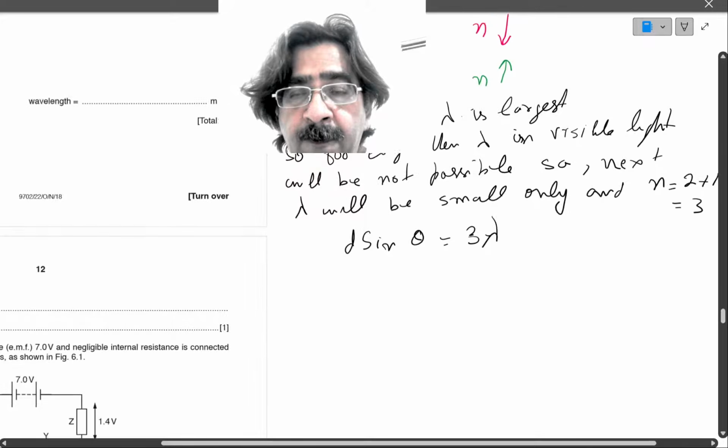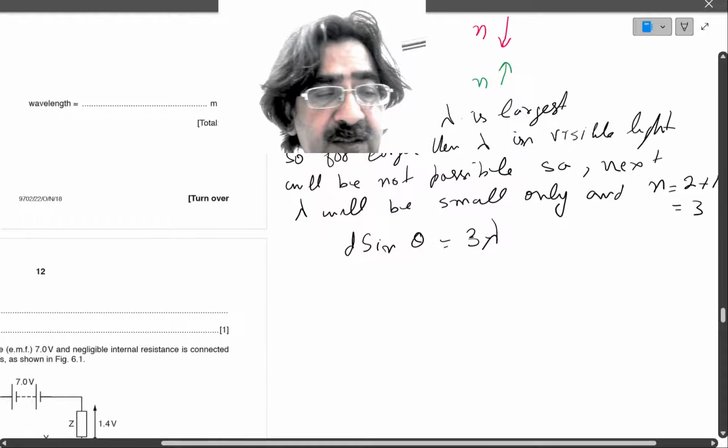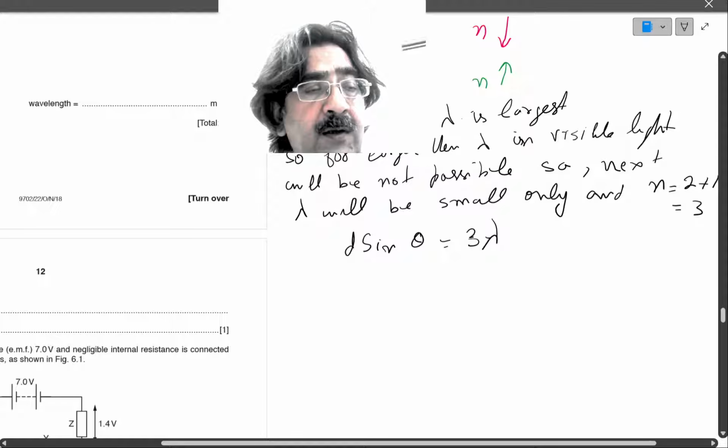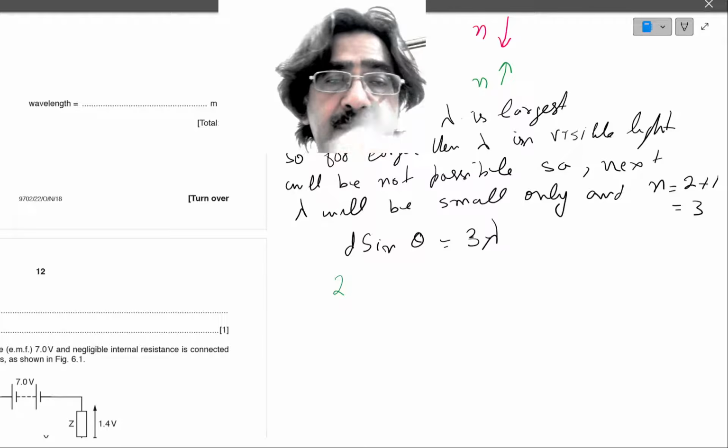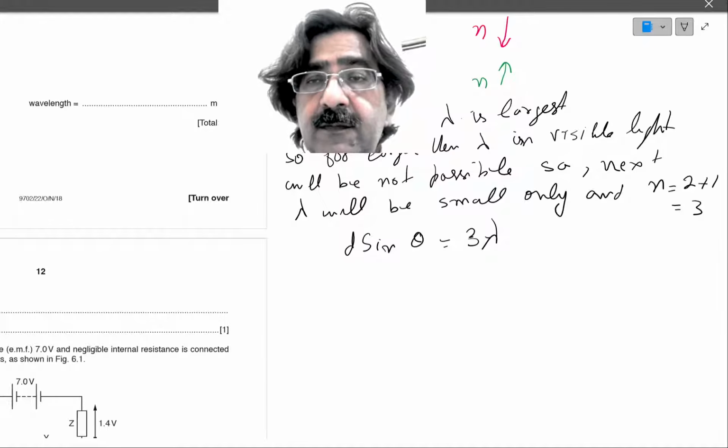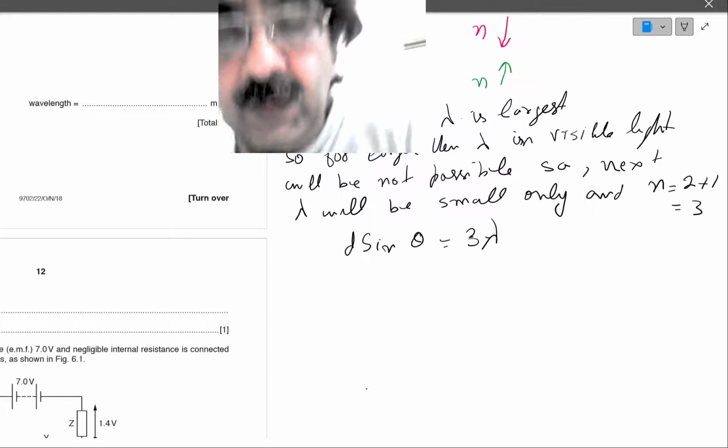So d sine theta will be 2... okay, sorry. Just to write in blue.